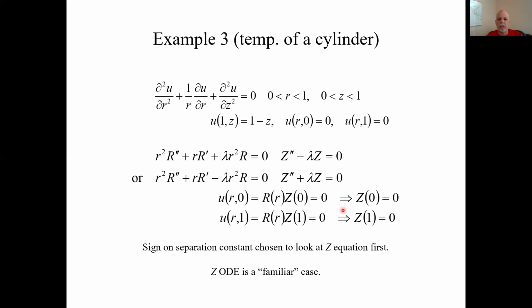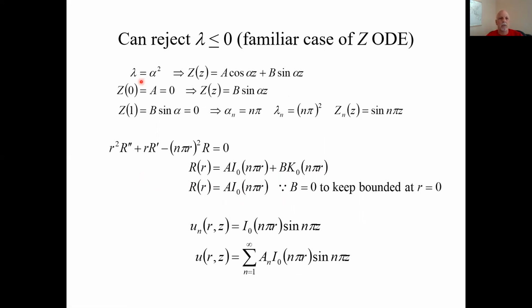Then this z equation is the familiar case where we already know we can reject non-positive eigenvalues. So we pick the positive eigenvalues, as the z equation is of this form. The argument of 0 for z says the cosine coefficient is 0, so we're left with this surviving function. If we put in 1 for z, we get this equals 0, which leads to the eigenvalues.